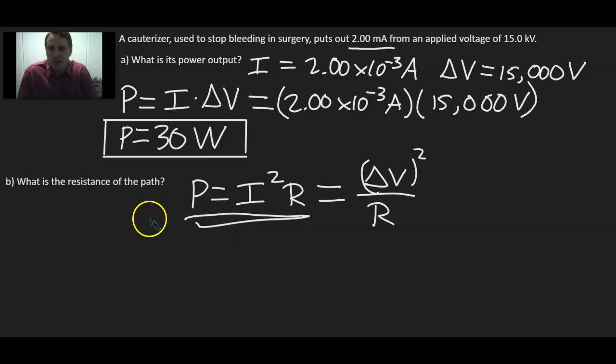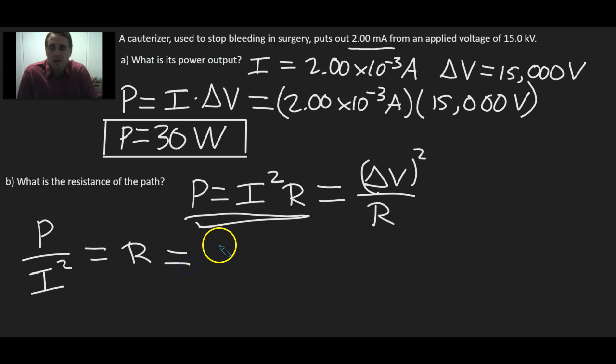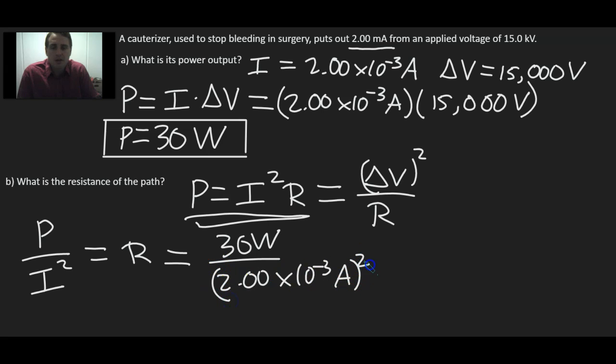So power over current squared should be resistance. And we'll put the numbers in. So that's 30 watts divided by, the current was 2.00 times 10 to the minus 3 amperes, and we have to square that to get the resistance.